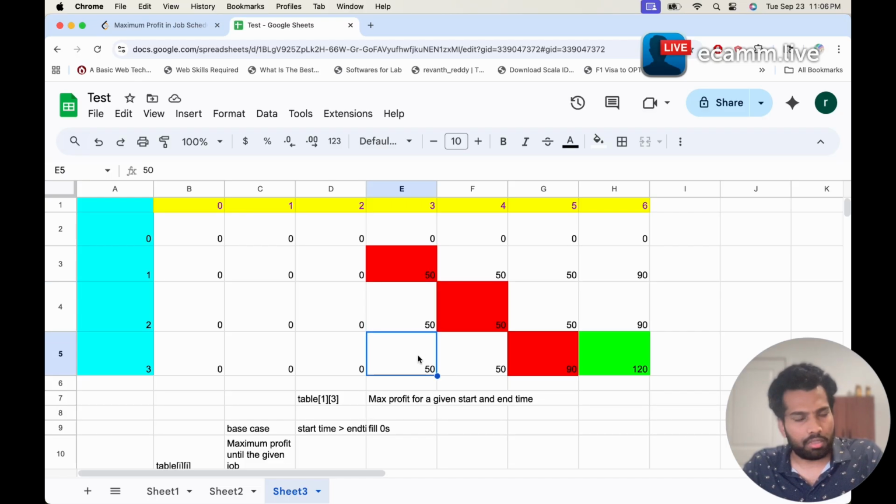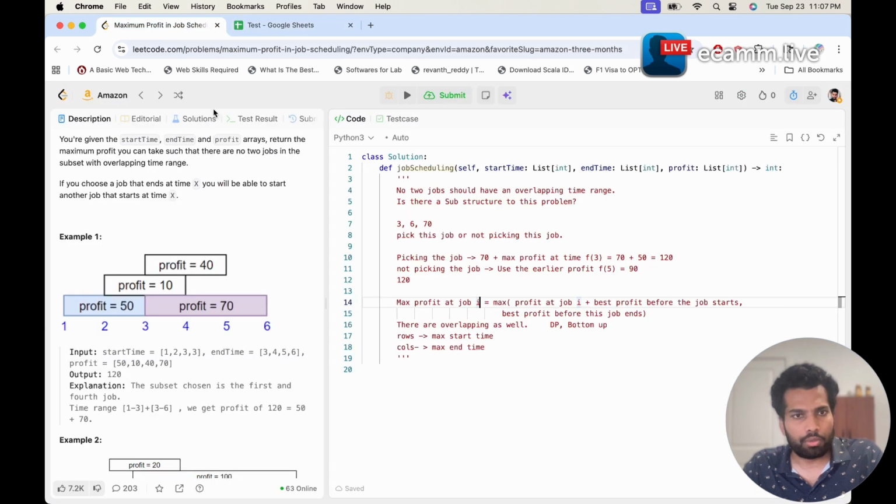Same thing with this cell. There's no job with start time 3 and end time 3, so we just fill it with 50 again. Same thing with 3 comma 4 as well. But when we come to 2 comma 4, there is a job with start time 2 and end time 4, and the profit is 10, right?